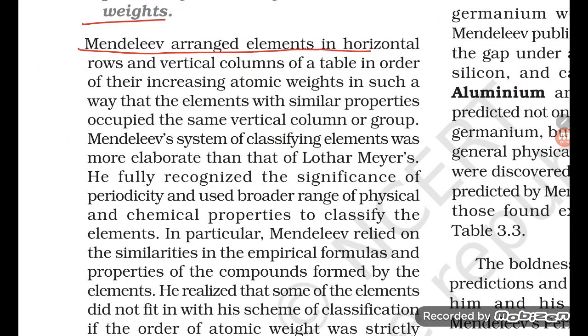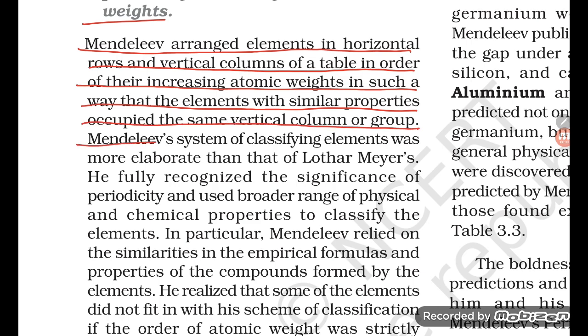Mendeleev arranged elements in horizontal rows and vertical columns of a table in order of their increasing atomic weights in such a way that the elements with similar properties occupied the same vertical column or group. Mendeleev's system of classifying elements was more elaborate than that of Lothar Meyer.